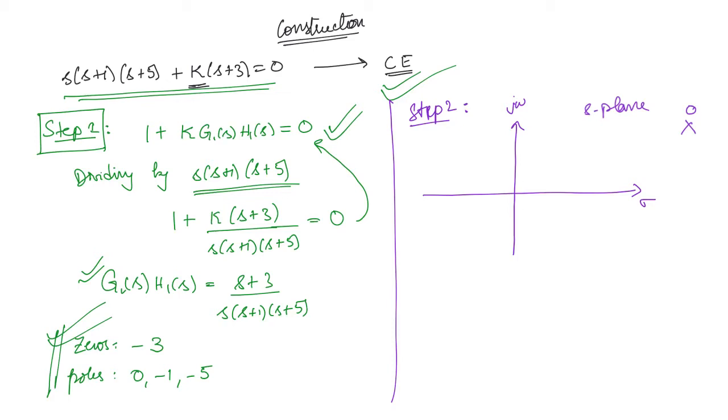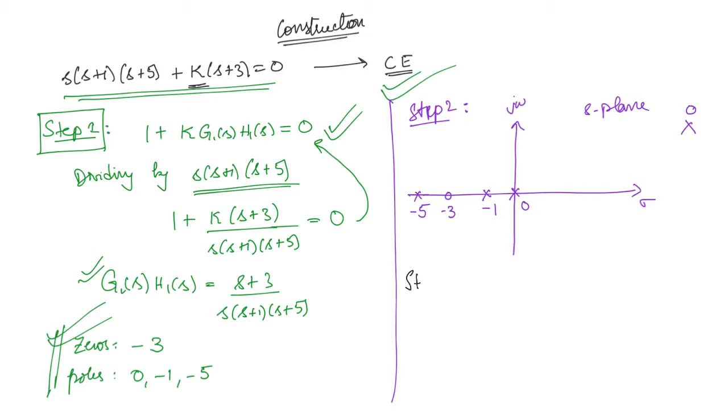Here we have a zero at minus 3, and we have a pole at 0, a pole at minus 1, and a pole at minus 5. This is step 2: we plot the open loop poles and zeros.